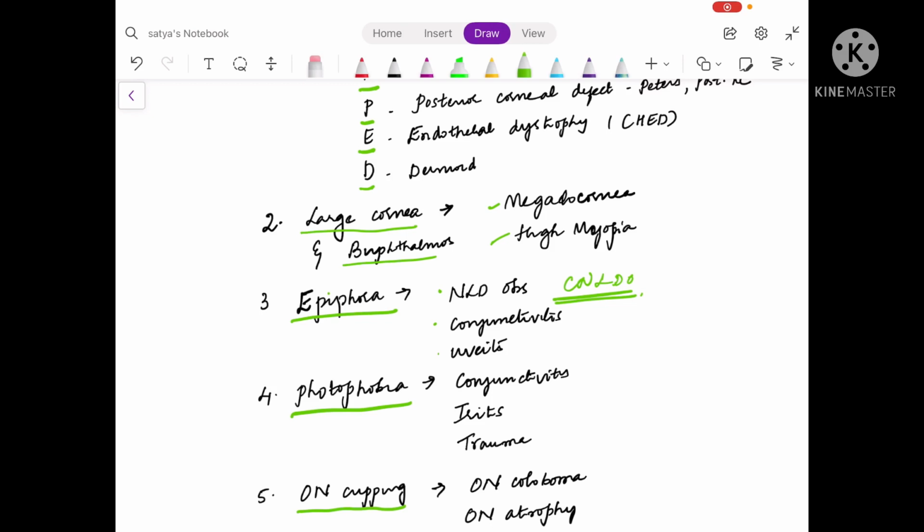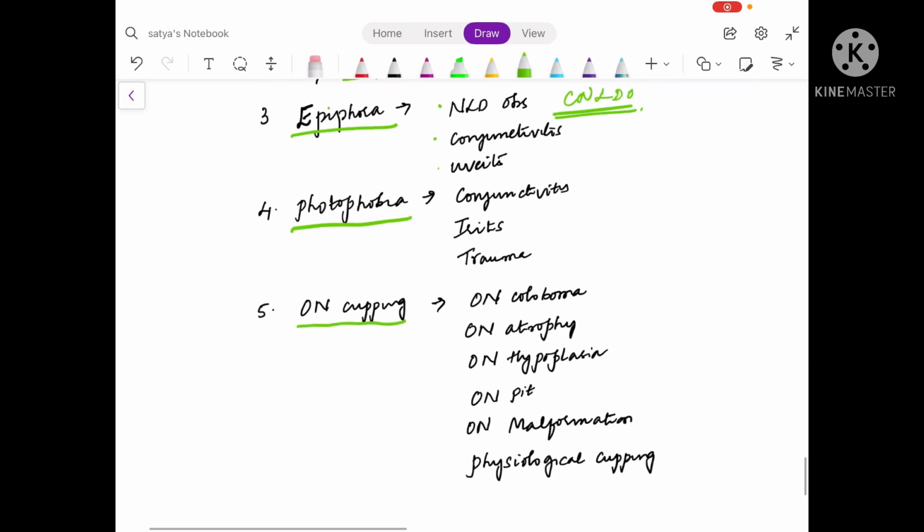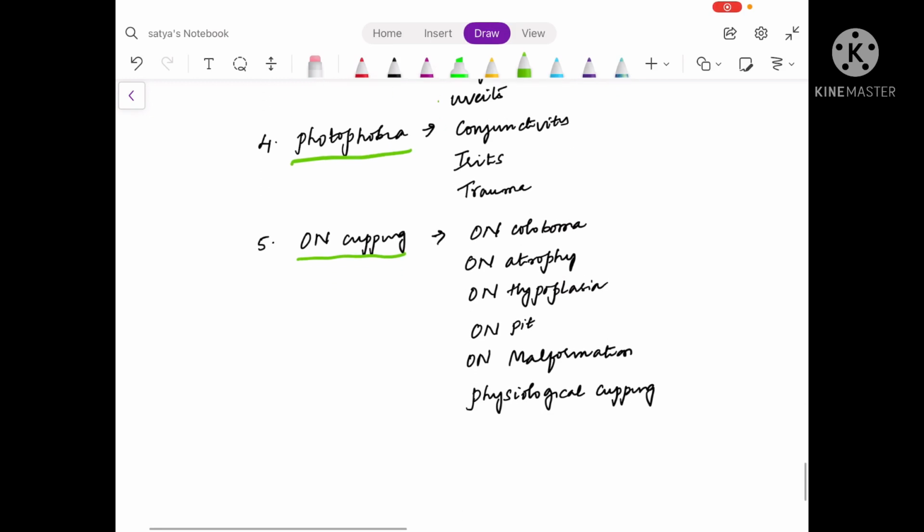For the optic nerve cupping, the common DDs pertaining to children are optic nerve coloboma, atrophy, hypoplasia, optic nerve pit, optic nerve malformations, and it could be a physiological cupping also. Keep that in mind. So, that is all about congenital glaucoma, and a very big thank you for watching.